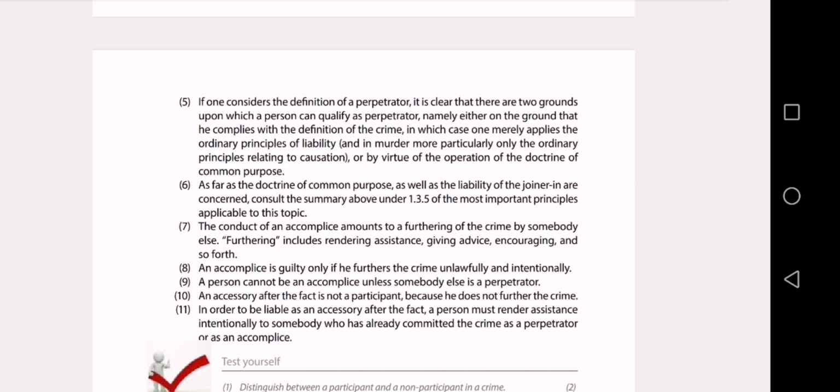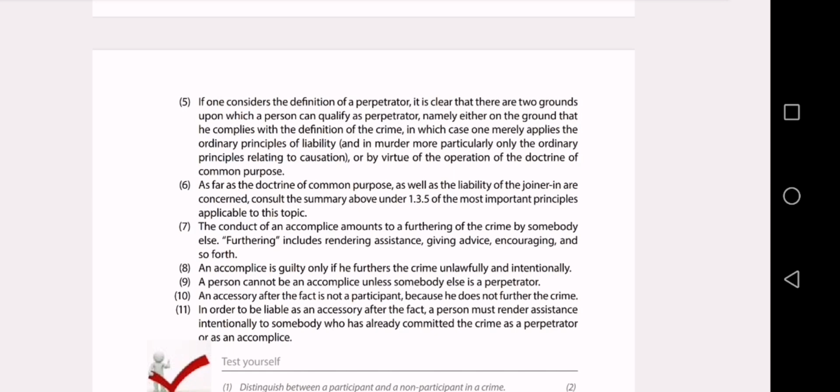If one considers the definition of a perpetrator, it is clear that there are two grounds upon which a person can qualify as a perpetrator, namely either on the ground that he complies with the definition of the crime, in which case one merely applies the ordinary principles of liability, and in a murder, more particularly, only the ordinary principle relating to causation, or by virtue of the operation of the doctrine of common purpose.